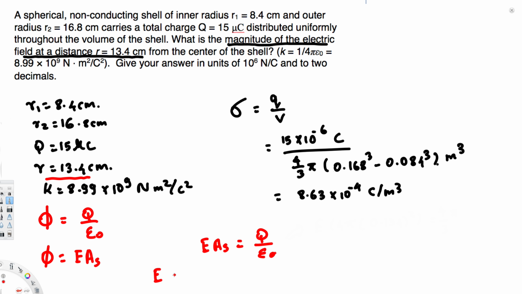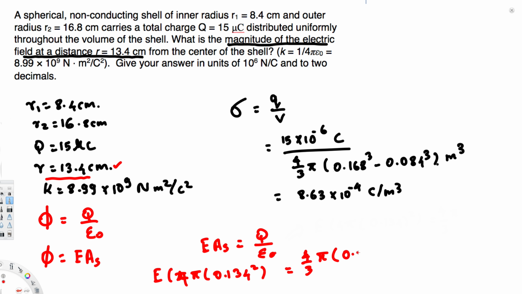E times the surface area is going to be 4 pi r square, and the radius we are interested in is 0.134 meter square, and then that is equivalent to Q, and we know that Q is going to be the volume times the charge density, right? Volume of the sphere is 4 by 3 pi r cube, and the outer radius we are now looking at is 13.4 centimeter.